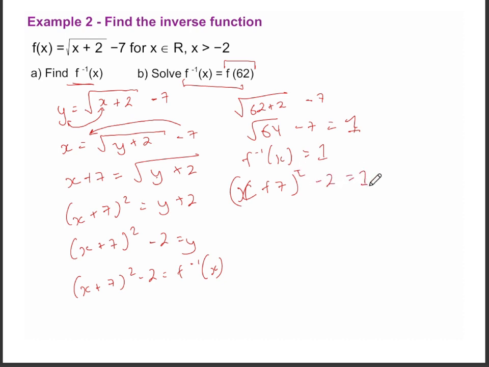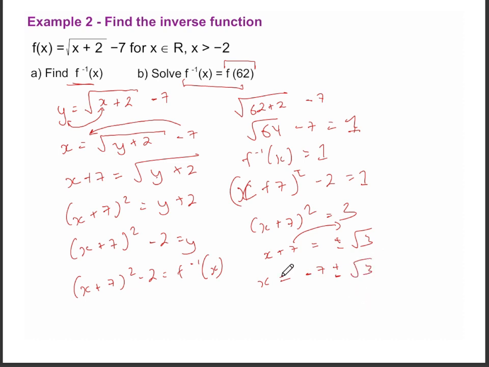minus 2 equals 1. So x plus 7 squared equals 3. And you root both sides, you have x plus 7 equals plus or minus root 3. Okay. And we can put this on the other side. We have x equals negative 7 plus or minus root 3.